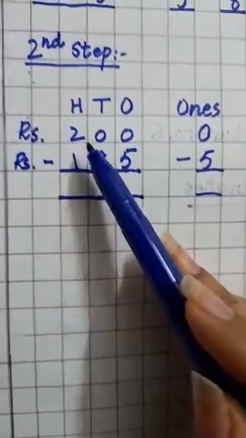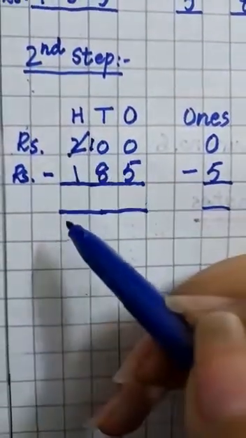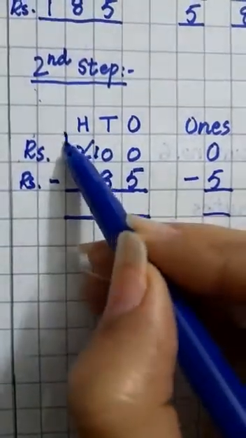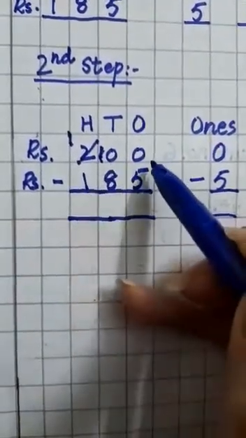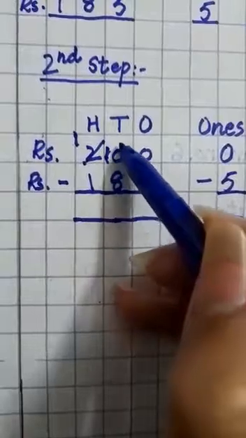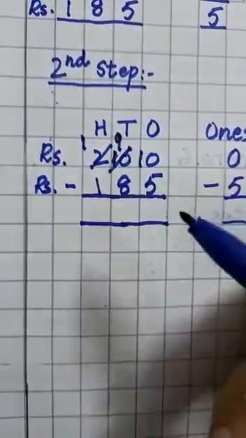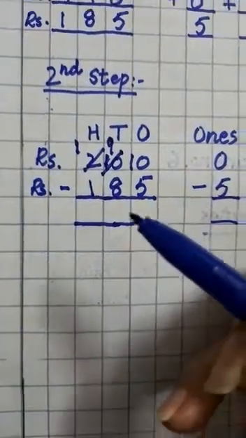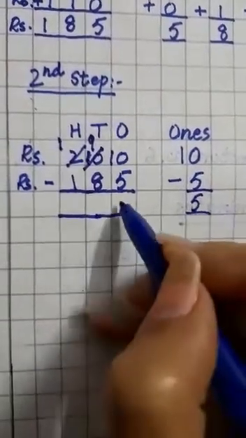So we will take from 100 side. Cut this 2, give 1 to 10th house. How many left over here? 1. Now it is 10. Now it is possible to give 1 to 1th house. So cut this 10, give 1. How many left? 9 left. Okay. Now make it 10 over here. 10 minus 5, 5. Write this 5 under 1's house.